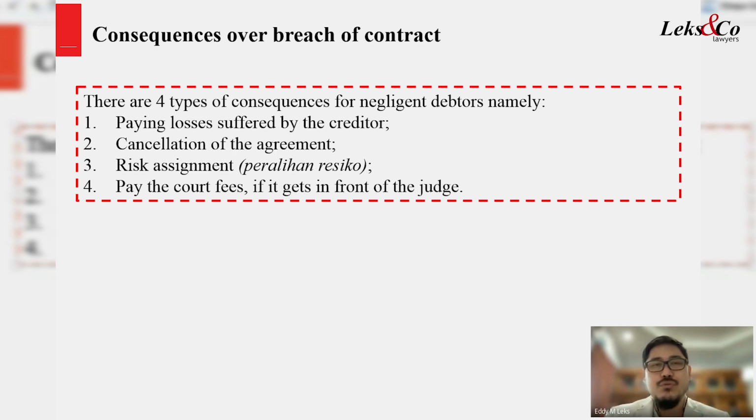You have to do what is obligated under the agreement. And if you don't do what has been promised in an agreement, of course there will be another party that's suffering, right? There is suffering.